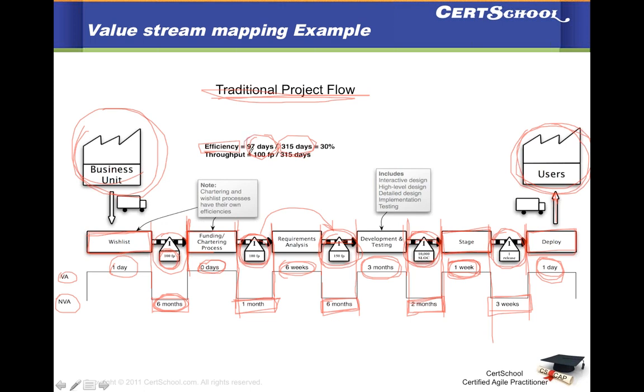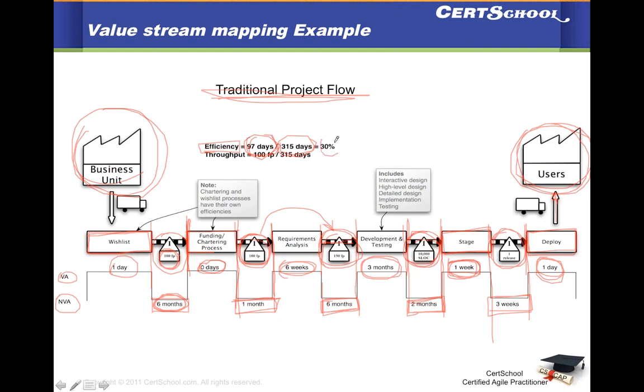But the value add days here are 97, which is a summation of all these humps: 1 plus 6 weeks plus 3 months plus 1 week, 1 day. And 315 is the total time that you spend, the summation of value add and non-value add.